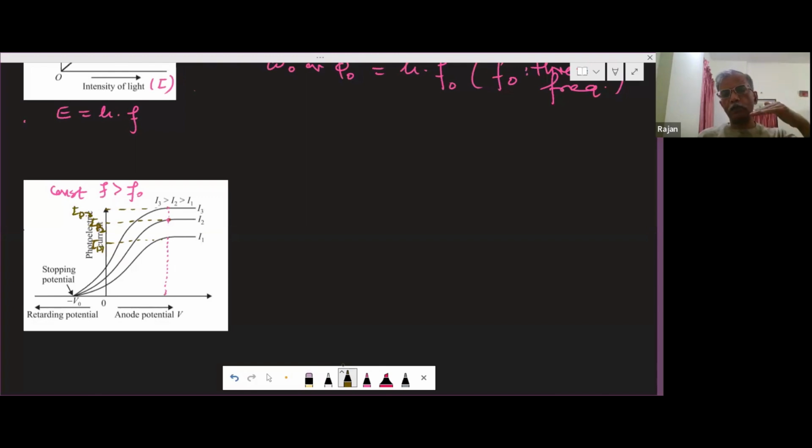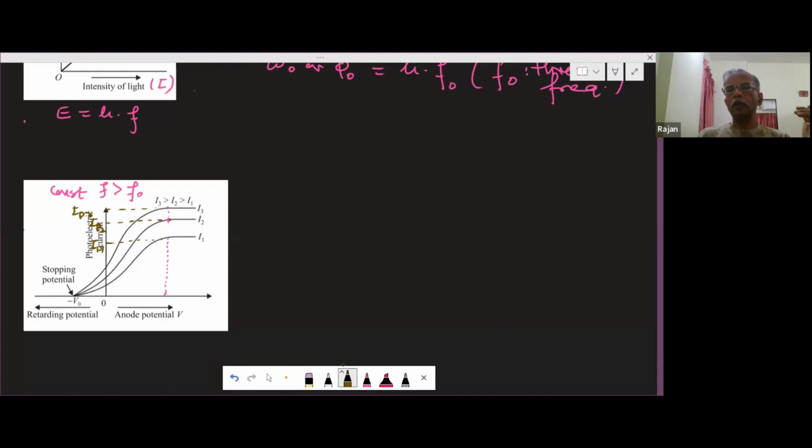Along the y-axis, that is zero, correct? Current will become zero. This negative potential, V0, is known as the stopping potential, where the photoelectric current is completely stopped. It doesn't matter how much intensity you are having. Reason being, if you increase the intensity, your photoelectrons have increased, but it all depends on the kinetic energy, which plays a role here.